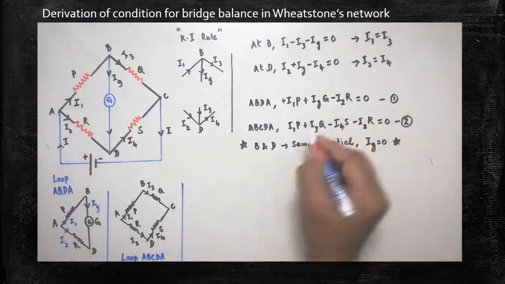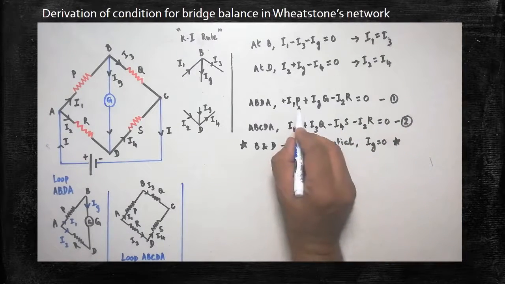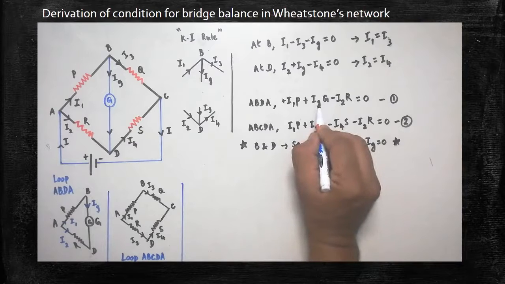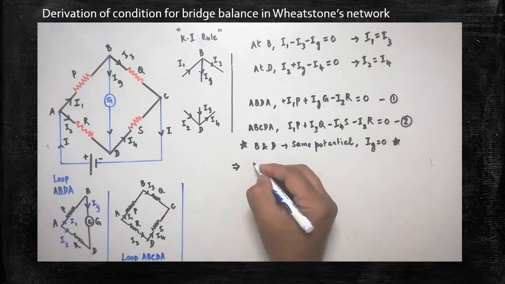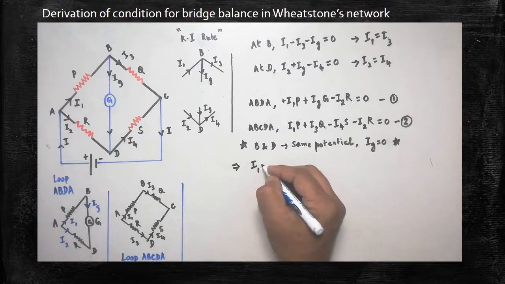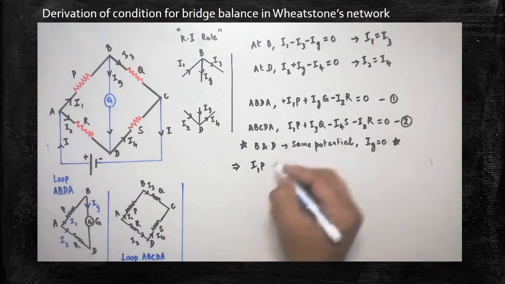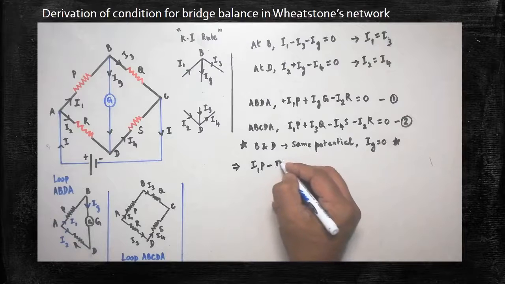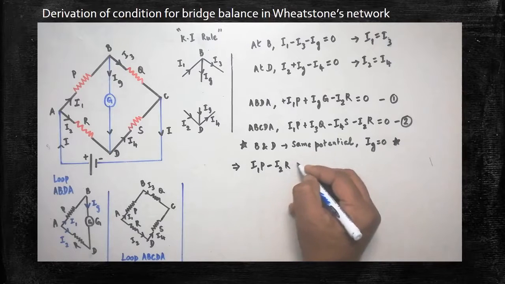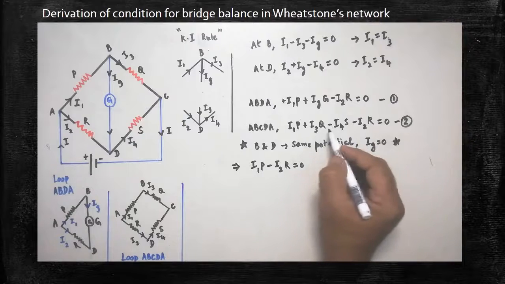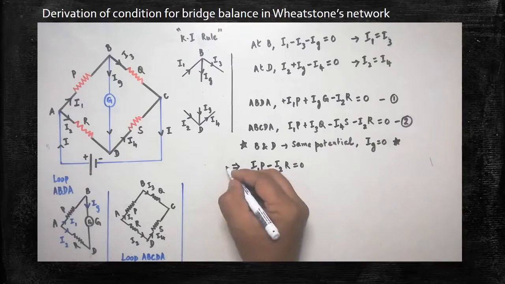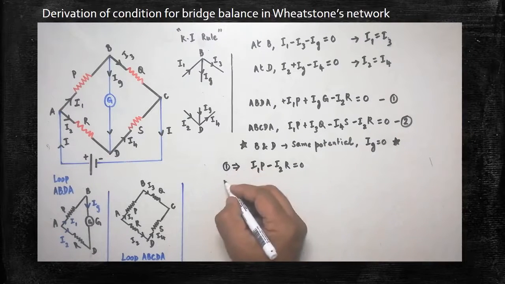In equation 1, Ig is there. Now equation 1 can be rewritten like this: I1 P, substituting 0 here, minus I2 R is equal to 0. So this is equation number 1 rewritten.